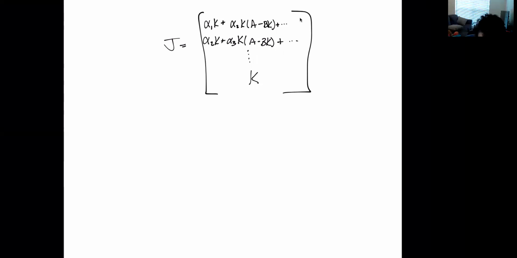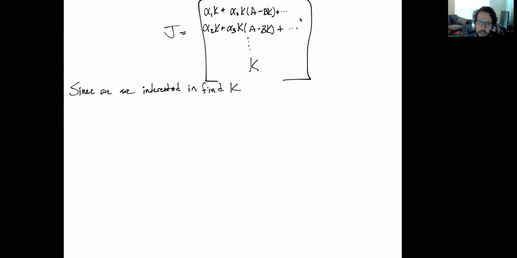All right, and so then, since we're just interested in finding K, this is what we want to find, we can multiply to the left by a matrix similar to the observer Ackermann's formula: 0, and then a 1 on the very last entry, times the controllability matrix C inverted, times alpha of A. All right.